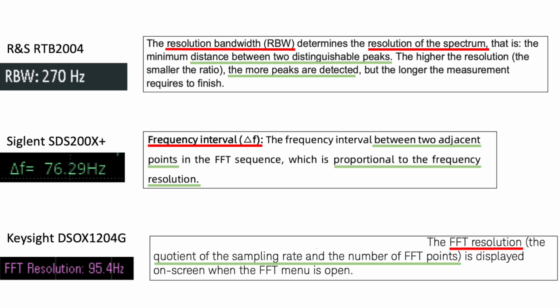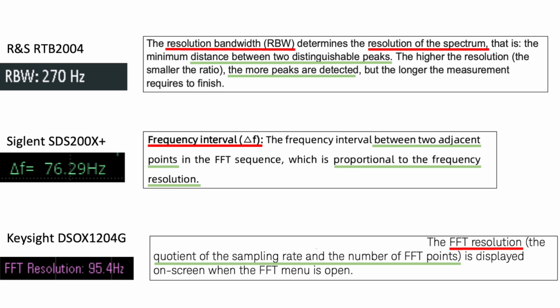more peaks are detected. Okay, the Siglent talks of a so-called frequency interval, delta F, which is explained as the distance between 2 adjacent points in the FFT sequence. They also explain it is proportional to the frequency resolution, so it's not the same.